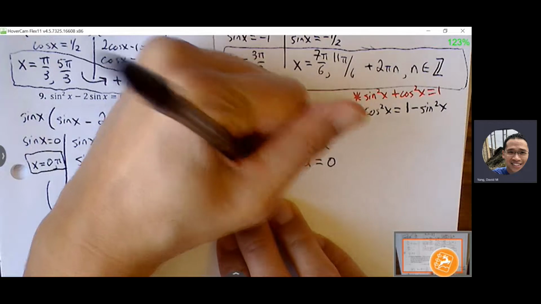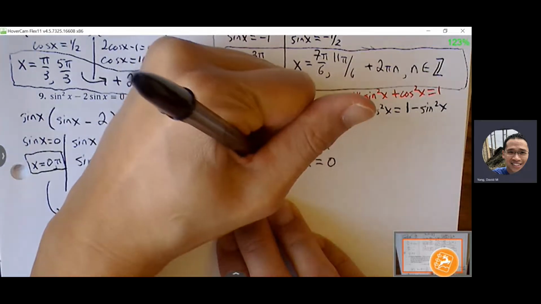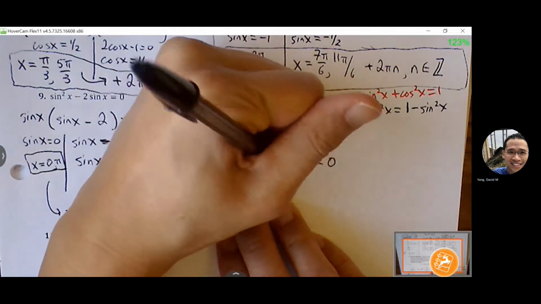We want to solve an easier problem. Do this factor in terms of x.